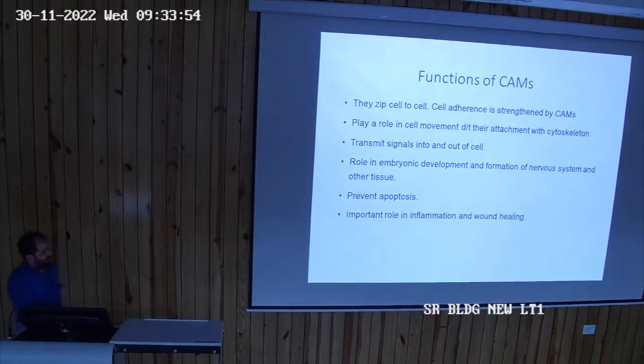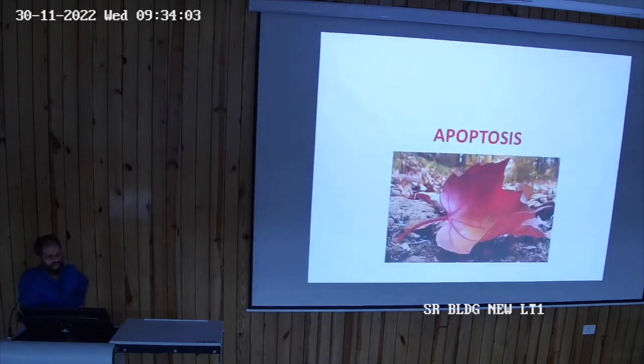This is also helpful in wound healing and inflammation, and plays a role in metastasis of the tumors. So there are different functions of cell adhesion molecules. This is all about intercellular connections.